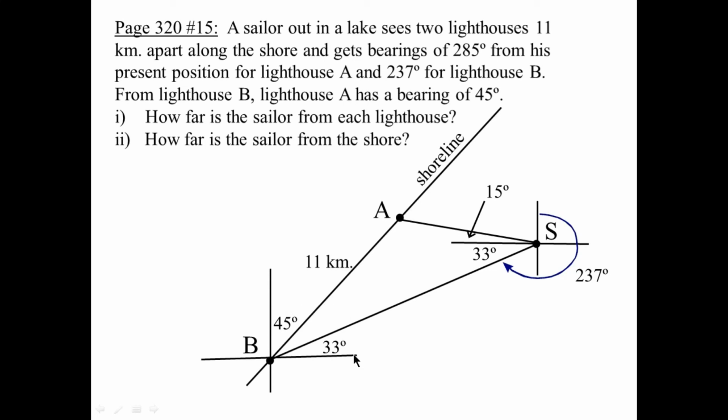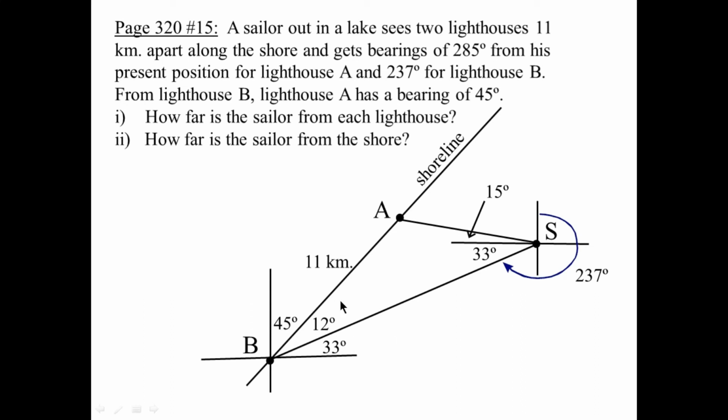This is 90 degrees here. From north to east is 90 degrees. And so there's a gap here that we can figure out because it's altogether 90. So 45 and 33 together make 78. So this must be 12 to make 90.